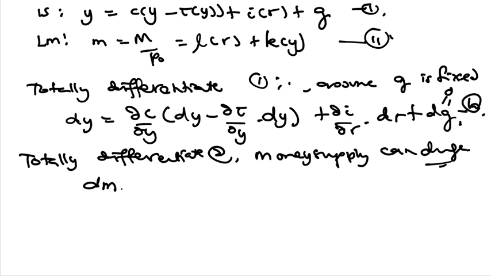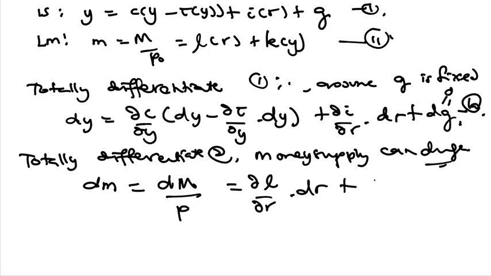So dM is no longer equal to 0, because we are talking about the change in nominal money supply, not the change in price. The price stays the same. Okay, equals to as usual. Let's call this one 2A.